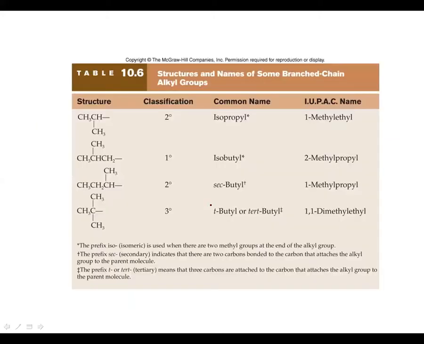Now, there are some groups that have special names and sort of special arrangements. And this is isobutyl, sec-butyl, tert-butyl, but this is probably the common one here. This is what is known as the isopropyl group. And an isopropyl group looks something like this. And again, the connection happens here.